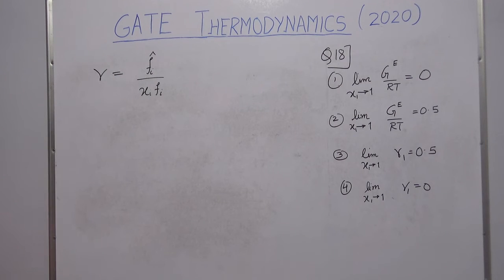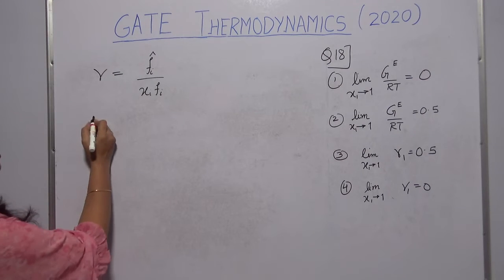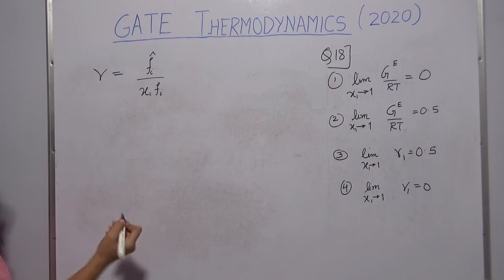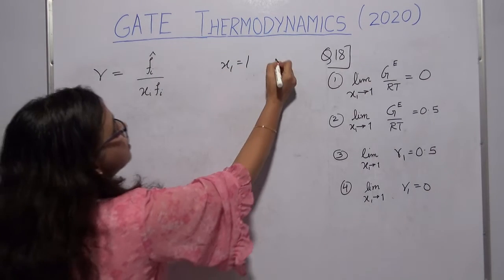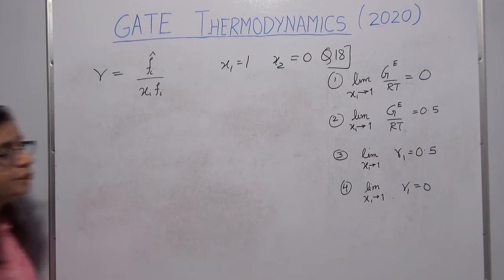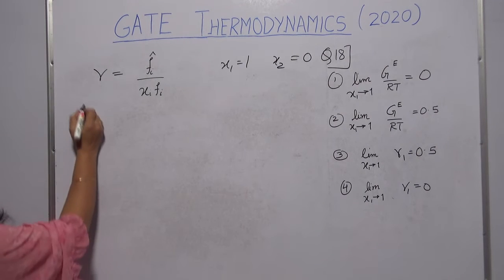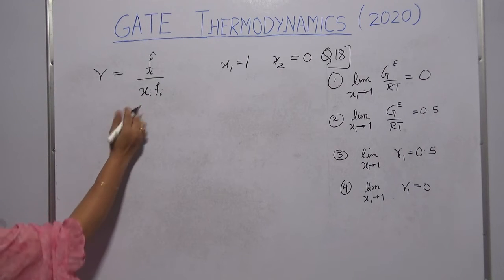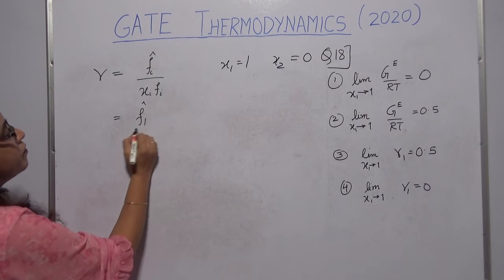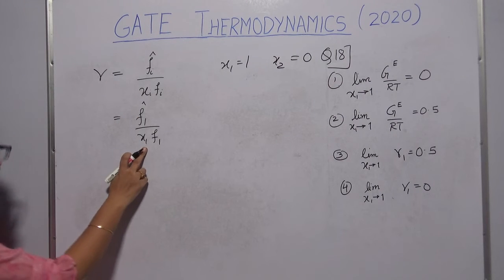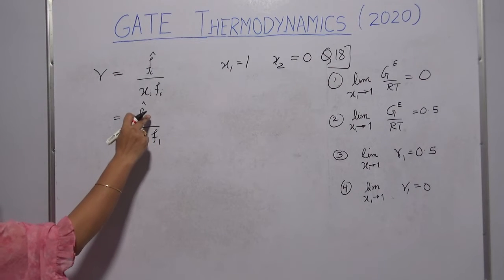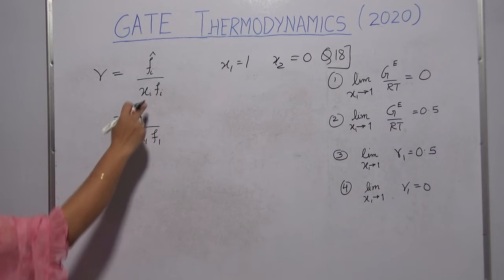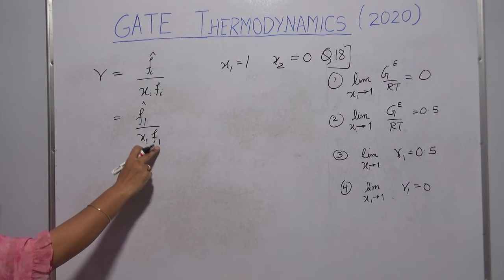Now we have already seen this equation. Now let's first use this equation. Let's say that it's a binary solution, so I have 2 components. If my x1 is equal to 1, then my x2 should be equal to 0. Now they have asked you the limit x1 tends to 1. If x1 tends to 1, what happens is that your fugacity of species i in the solution approaches that of the pure species fugacity.